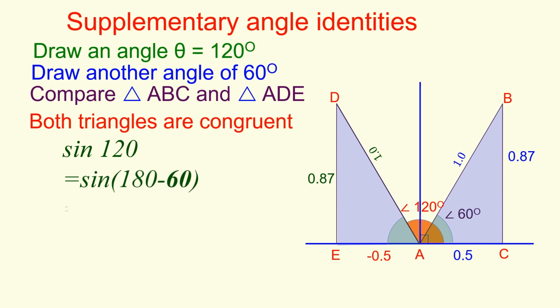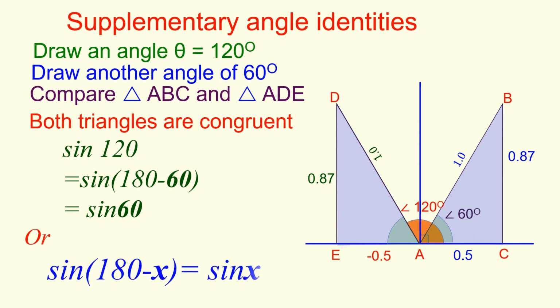Sine 120 equals sine 180 minus 60 equals sine 60, which implies sine of 180 minus x equals sine x.